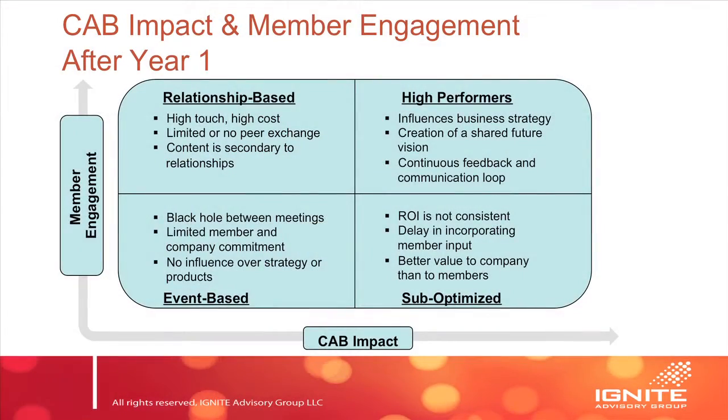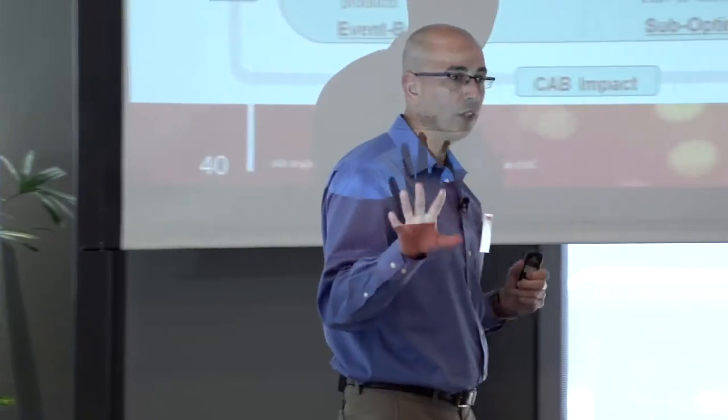Okay. If you go to the relationship-based, these are advisory boards that are really focused on the relationship that you're building with the customers. We had one client, 4 boards, $5 million a year. $5 million a year for 4 boards. Austin, you asked about cost. We'll review cost. That's not typical. And this is a global board that meets in different regions of the world.